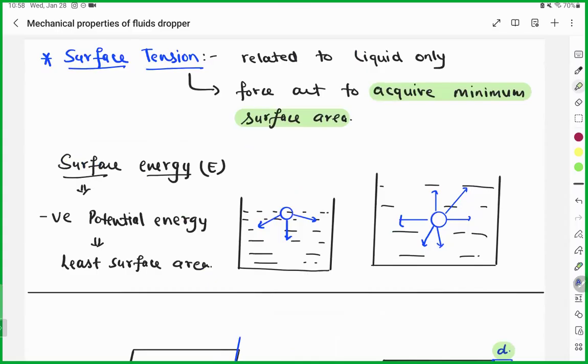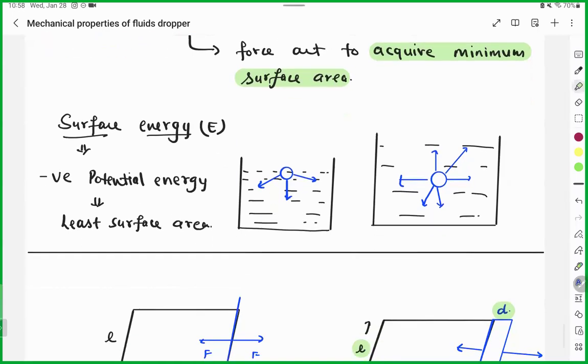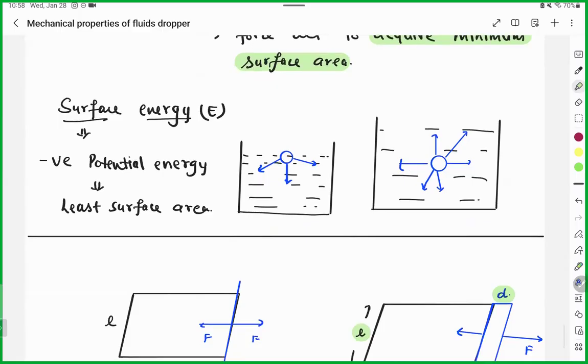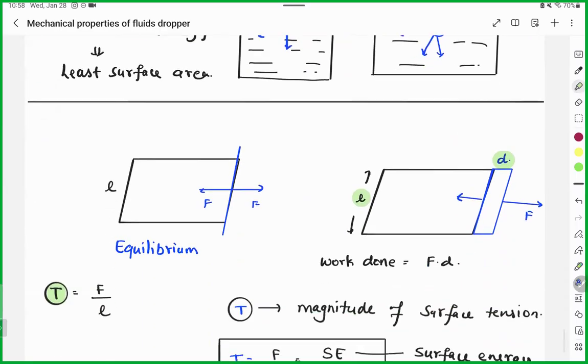Surface tension is a kind of force that tries to acquire the minimum surface area in the fluid. Related to this, we have surface energy. When surface tension is acting, it will try to acquire the minimum area. Minimum area means negative potential energy and negative overall surface energy.